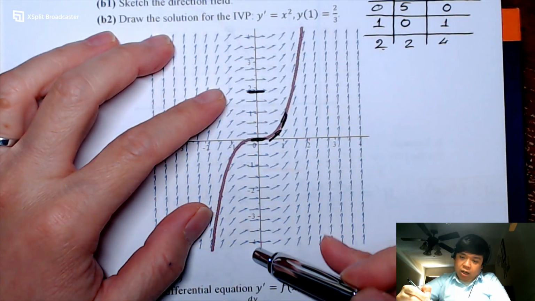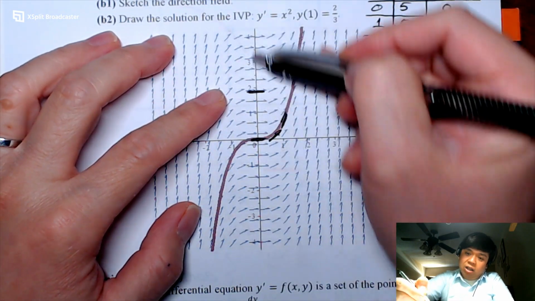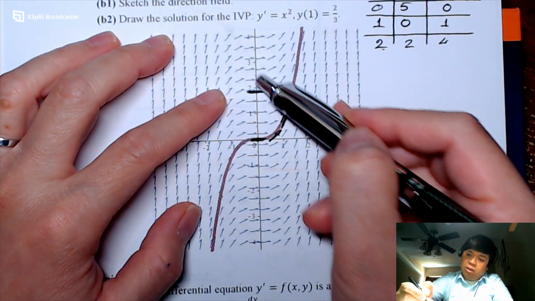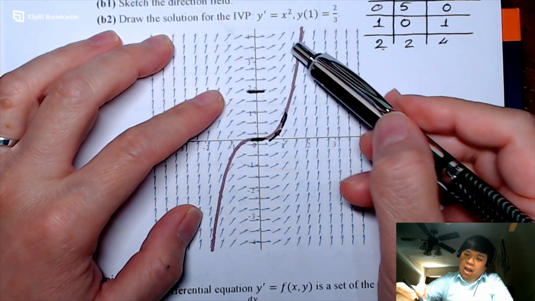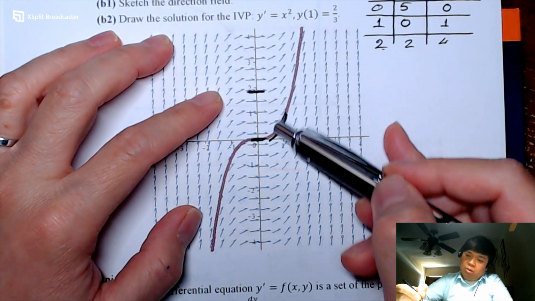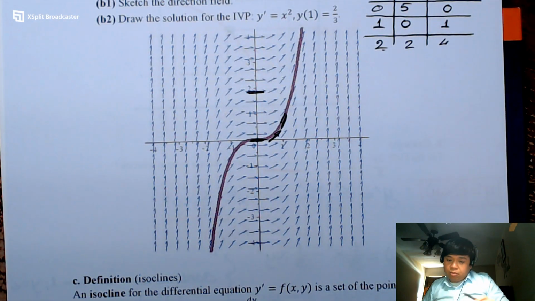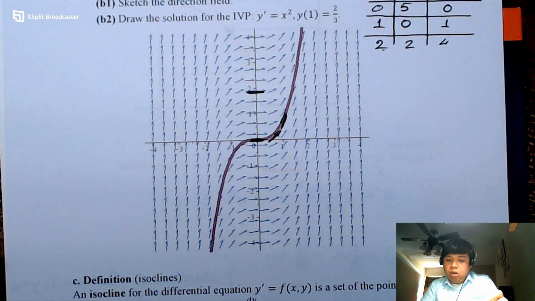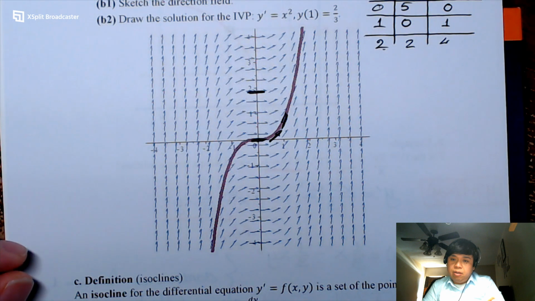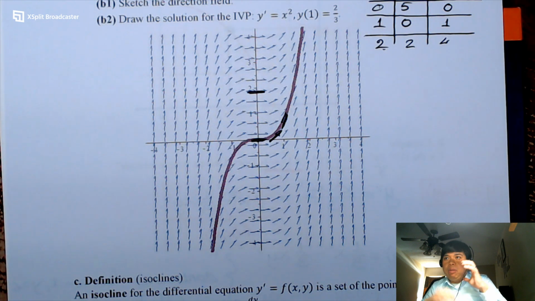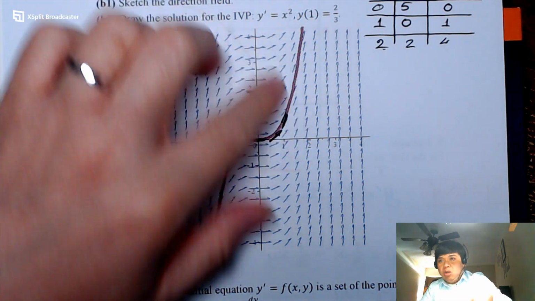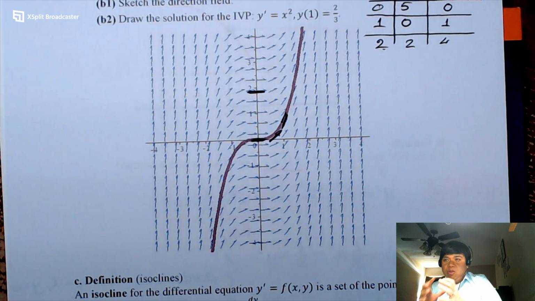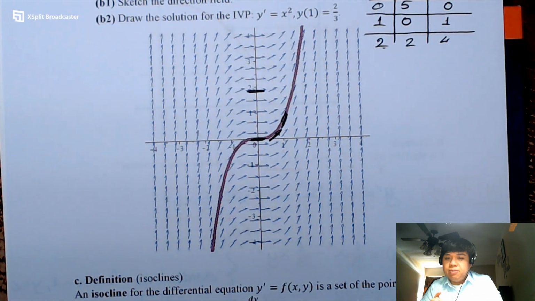All the points here have the same slope, and all the points here have the same slope. Those are called isoclines, the set of all the points that have the same slope. And so usually it's useful if we graph that. Okay, so we have a bunch of slopes, a bunch of points that give us the visual of the solution.